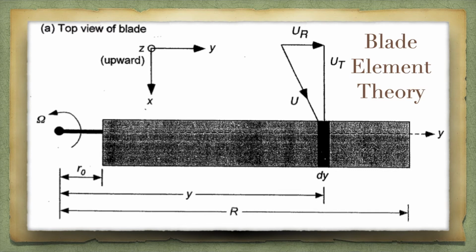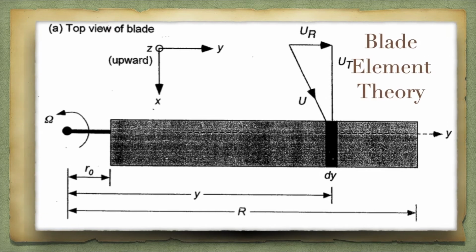The effect of the radial component of the velocity, UR, on the lift is usually ignored in accordance with the independence principle. But the UR component will affect the drag on the blade in forward flight and should be included here.